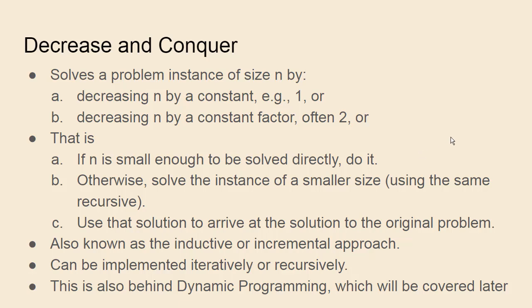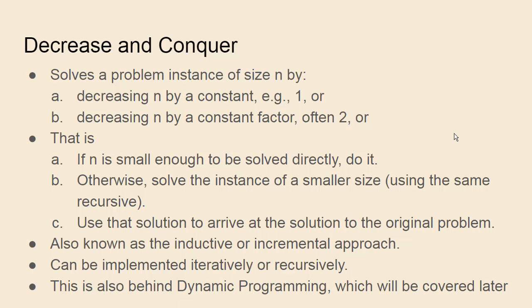And this idea of using recursion and combining a solution to a smaller problem size is also the key idea behind dynamic programming, which will be covered later. So essentially, when using this approach, given a problem of size n, you assume you already solved the problem of a smaller size, and then see whether you can figure out how to use that to construct the solution to size n.